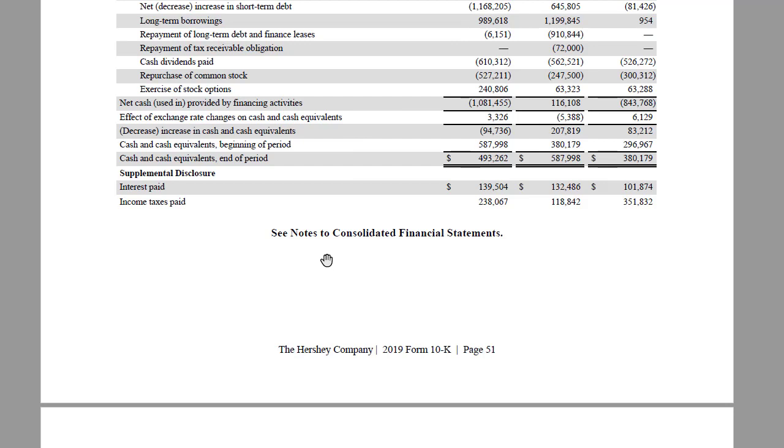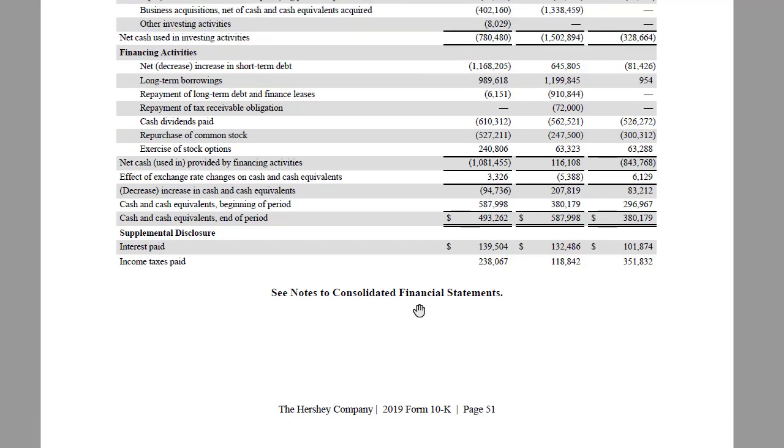And again, just like the other statements, there's a note to see the notes to the financial statements, which are integral to this.